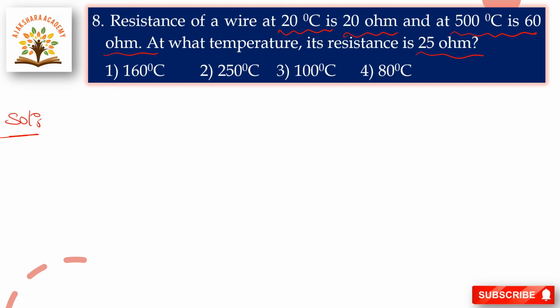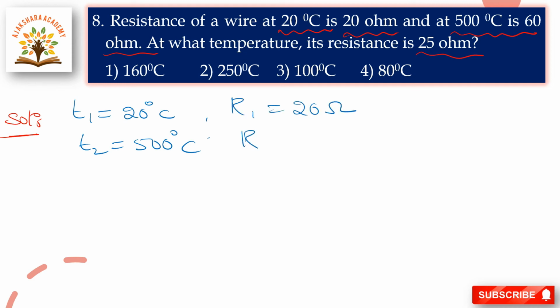Now given T1 is equal to 20 degree centigrade and T2 is equal to 500 degree centigrade. R1 is equal to 20 ohms and its corresponding resistance R2 is equal to 60 ohms and R3 is equal to 25 ohms. We have to calculate T3.